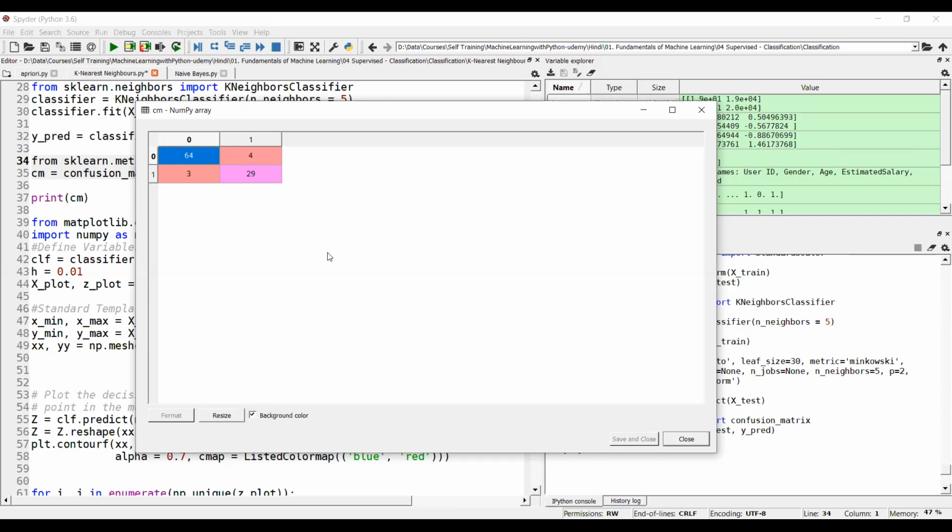Okay, I will give one hint. What kind of model is logistic regression? Is it a linear or non-linear model? Non-linear. Okay, anyone else?